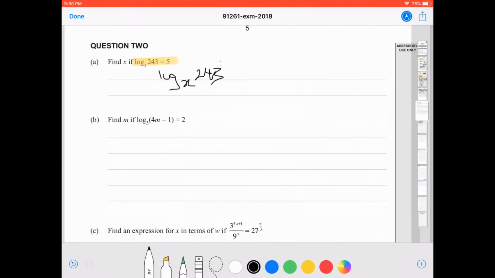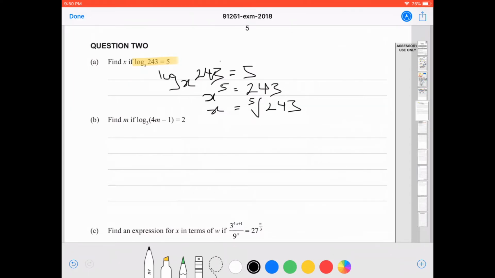And so we can say x to the power of 5 equals 243. We want to find x here, meaning x equals the fifth root, because that's the opposite of raising something to the power of 5, fifth root of 243.